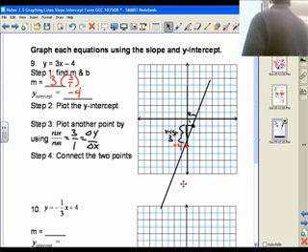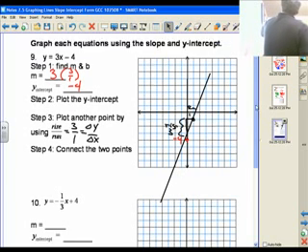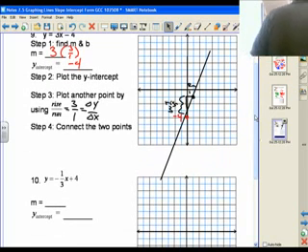So that gives you your line. All we did was plot the y-intercept, apply our rise and our run, which gives us our second point, and we can draw in our line. Questions? We connect the 2 points.